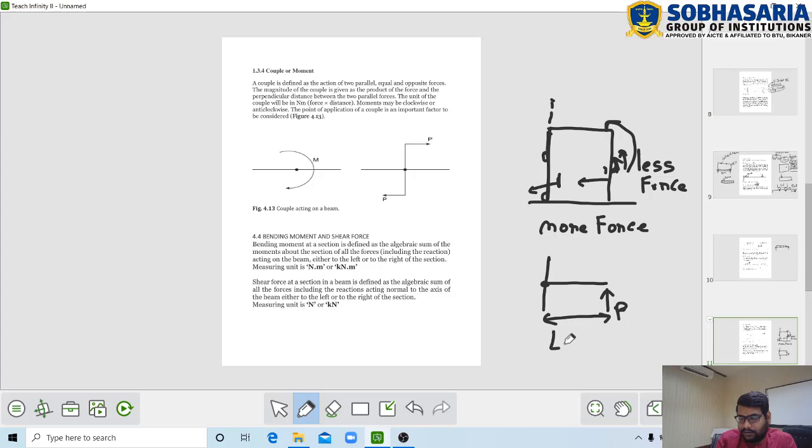This is the lever arm distance. If this distance is x, then the moment about the joint is given by P times x. This will give the bending moment at this particular joint.